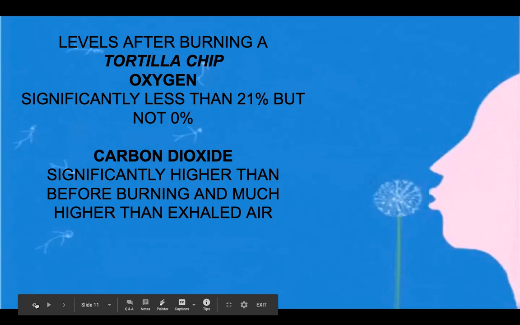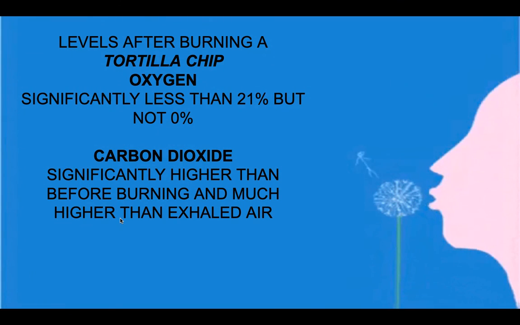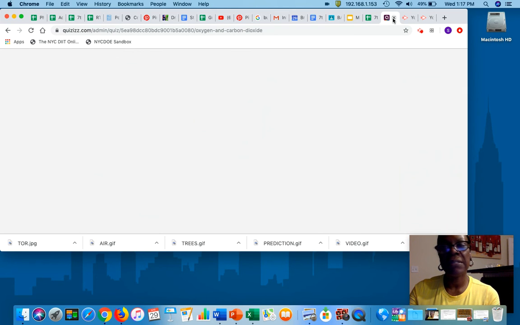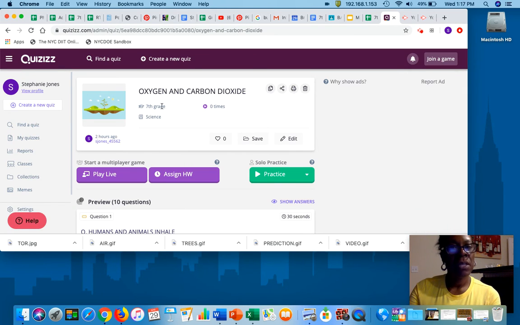All right, so at this point, we're finished with the slides. What you're going to do is go into your Google Classroom, and you have two assignments there. You're going to do one on quizzes, which will be posted, and it's oxygen and carbon dioxide. I believe it's 10 questions.